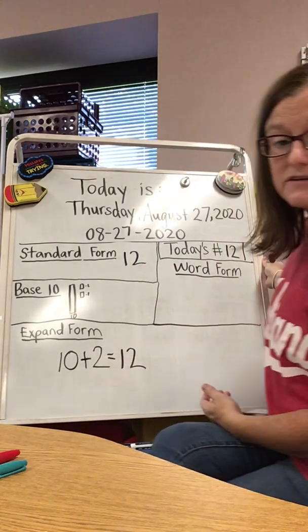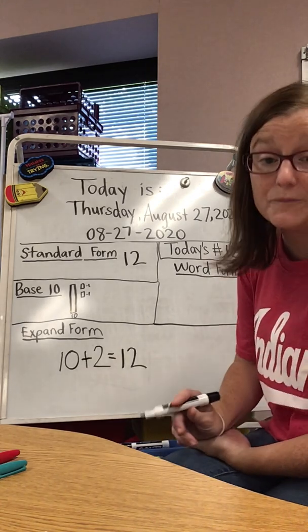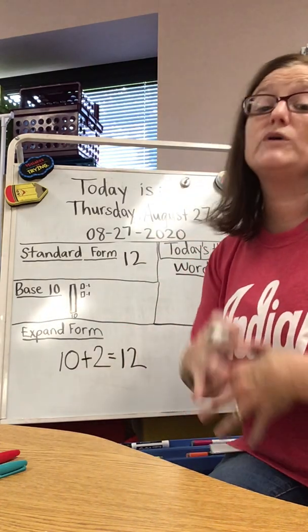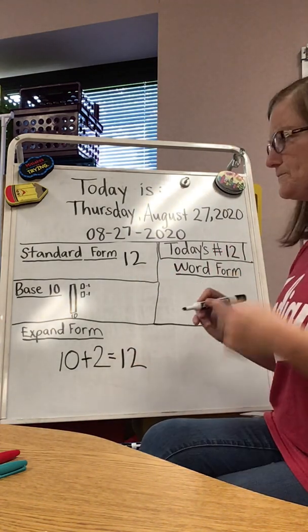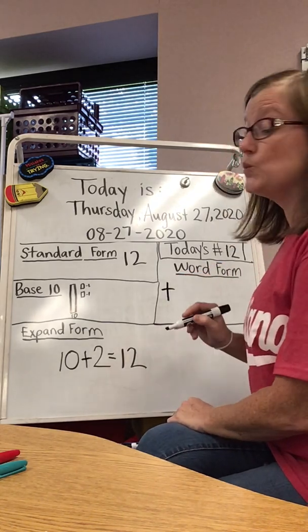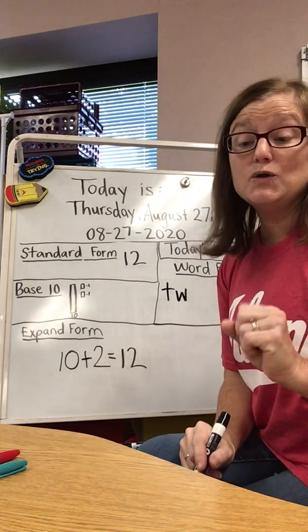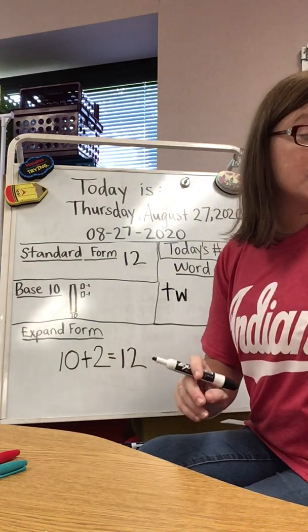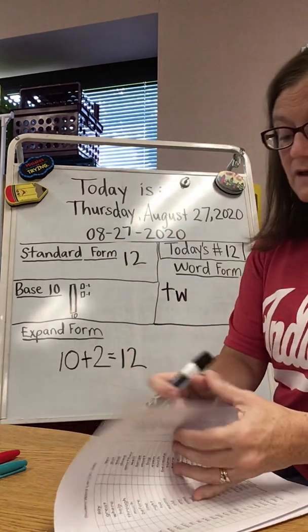The last way to show the number of the day is called the word form. And the word form is where we spell the word out. So the word 12, t, t, t, and I know it begins with a T. Now this is where your reference papers inside help.